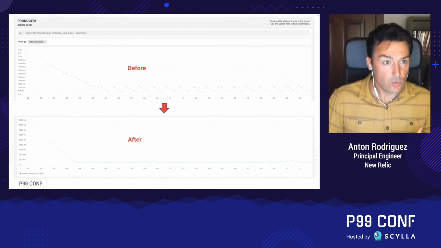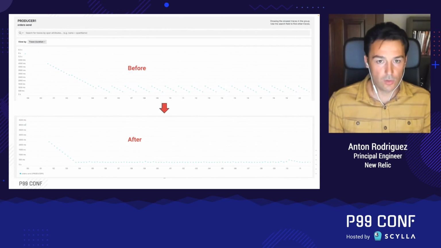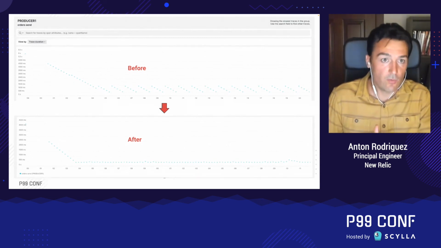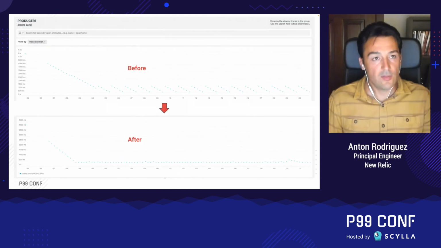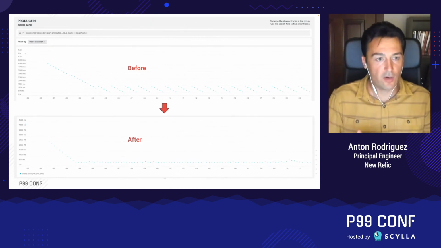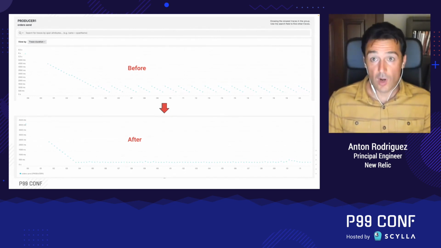So depending on how you want to optimize your applications, you may want to choose one value of linger.ms or another. The important thing here is to understand the different metrics, how they are related, and then base the change of that particular configuration on that.